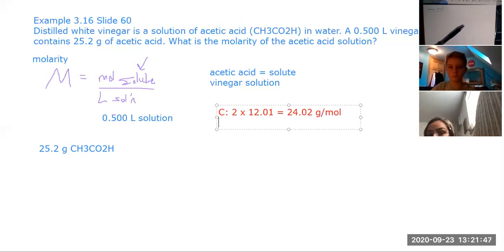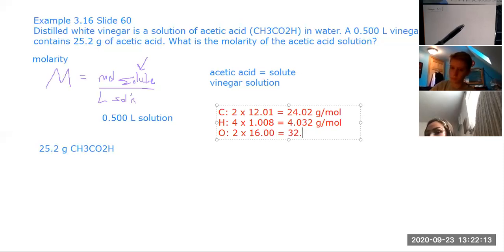Then we look at our hydrogens. There are 4 total hydrogens, so that equals 4.032 grams per mole. And then we have 2 oxygens in there as well, so 2 times 16.00, which is going to give us 32.00 grams per mole.